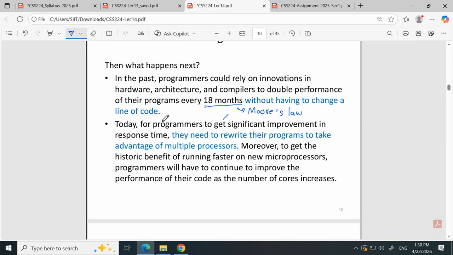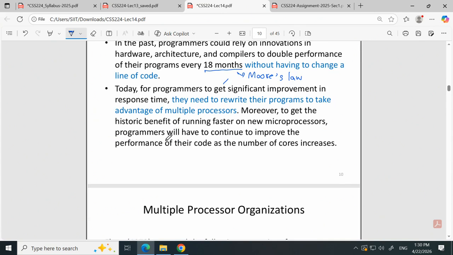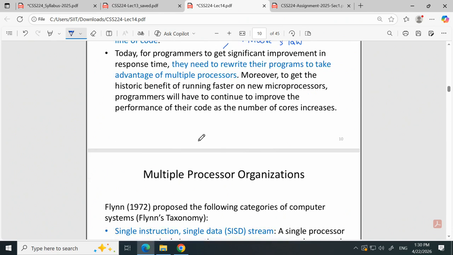You didn't need to change your coding style. But today, we have modern processors, almost all of them multi-core, multiple processors on a single chip. So you need to change your coding style to take full advantage of the multiple processors or multi-core. How? I will tell you later.